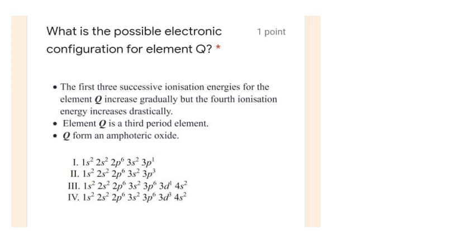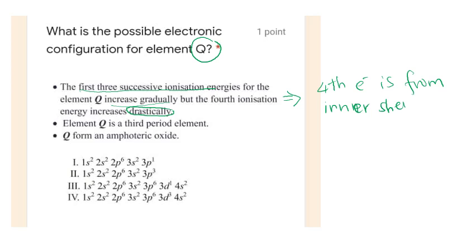Question 15. What is the possible electronic configuration for Q? Okay, the first 3 successive IE increase gradually, but the fourth IE increases drastically. From this statement, we know that the fourth electron is from the inner shell. So if the fourth electron is from the inner shell, it means that there are 3 valence electrons. Element Q is a third period element.